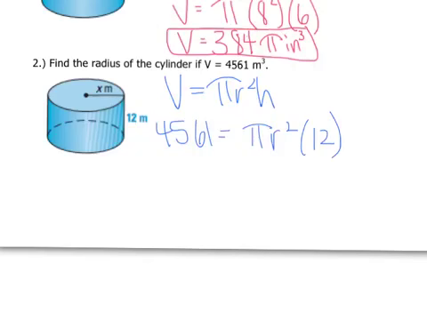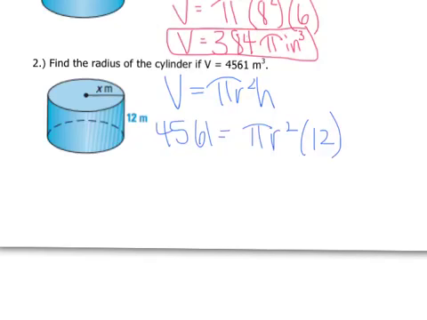And now, ladies and gentlemen, this is not in any sort of way a geometry problem at this point. This is 100% an algebra problem. We are solving for R.